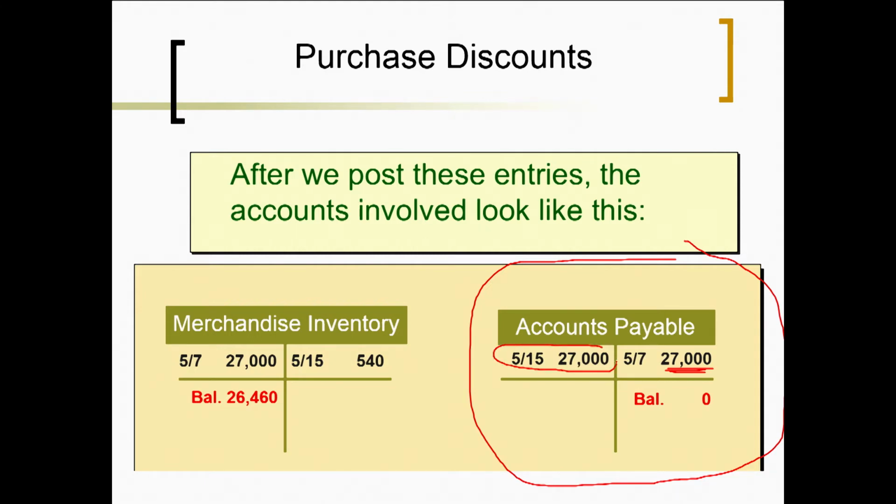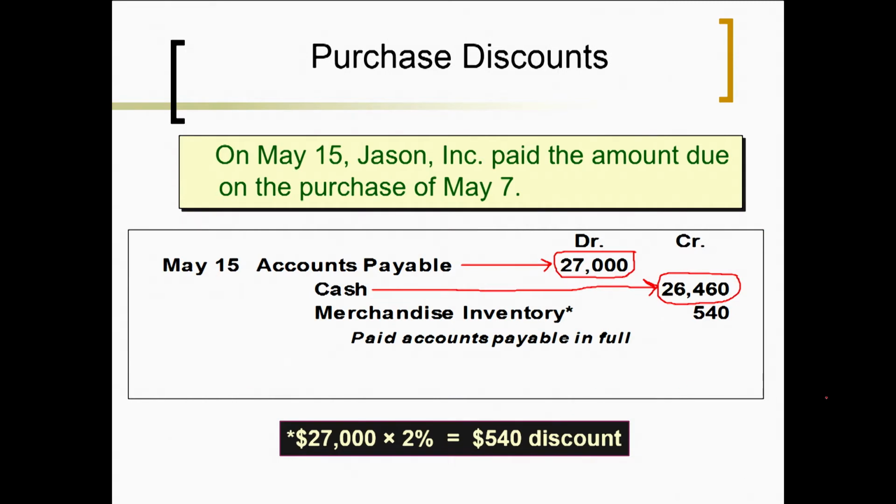So we debit the accounts payable for the full $27,000 to reflect that we don't owe them anything, okay? So we only had to pay cash of $26,460. We decrease the entire accounts payable. It's all satisfied now. Well, where does that other $540 go, which is the 2% of the $27,000?